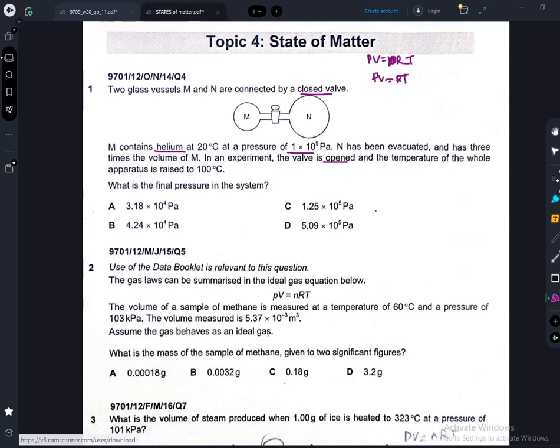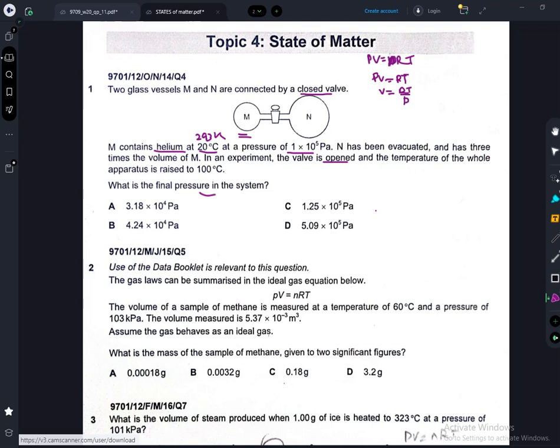For the first case, he has told us that in M the temperature was 20 degrees C, which is 293 Kelvin, and the pressure was 1 into 10 raised to power 5 Pascal. And we were to find out the volume, and then find the final pressure when this valve was opened. So V is equal to RT divided by P.